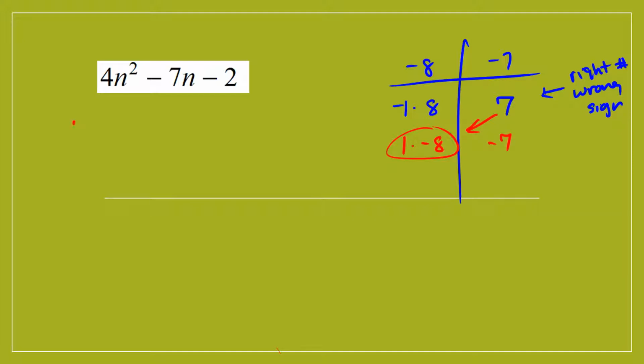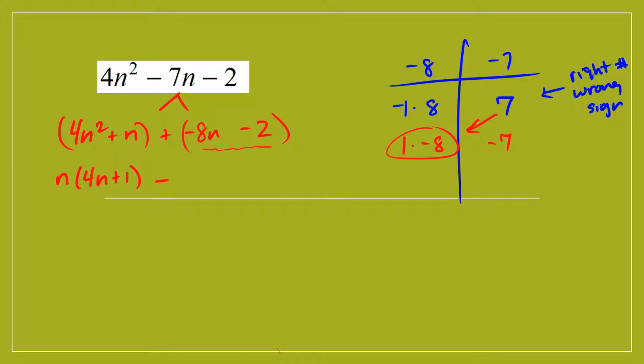So I'm going to have to use a 4n squared. I'm going to split this into positive 1n and negative 8n, and then minus 2. So when I group it, put a plus in between. I'll take out an n here. That would leave me with 4n plus 1. Now I can see I need 4n plus 1 as my remainder, so I'm going to go ahead and take out a negative right now.